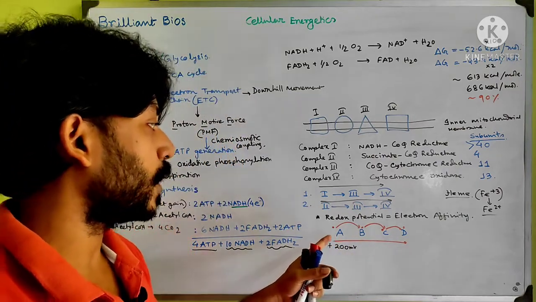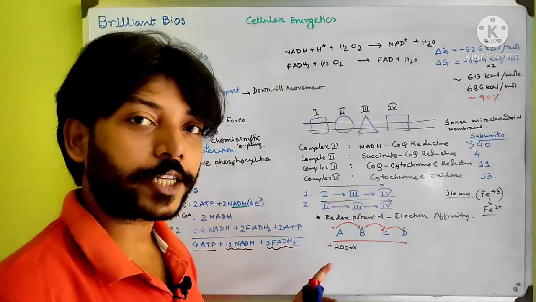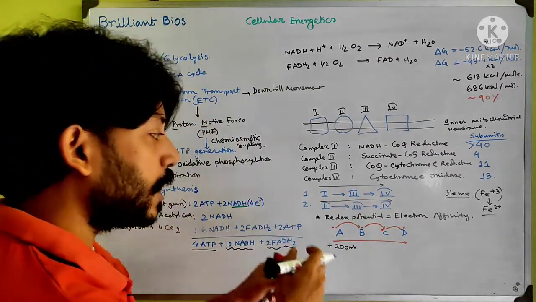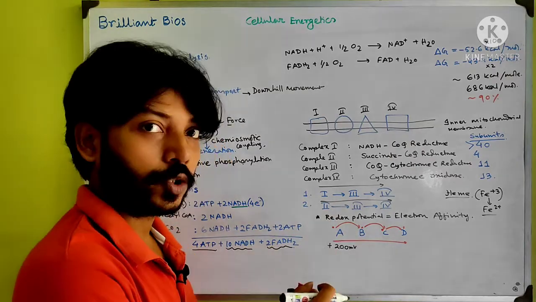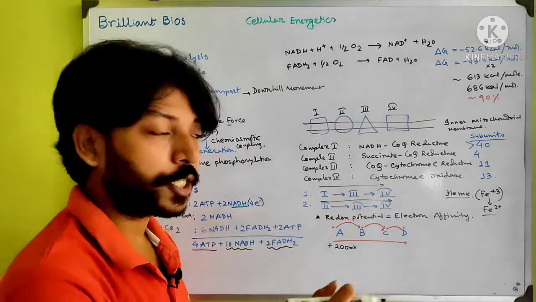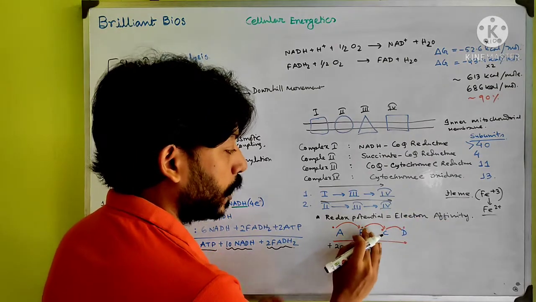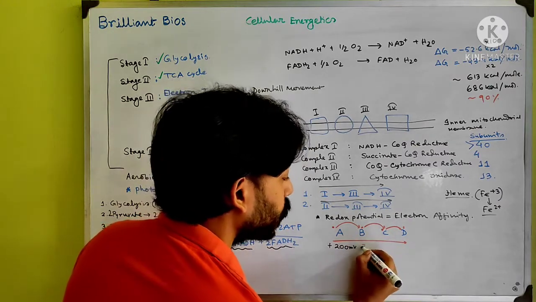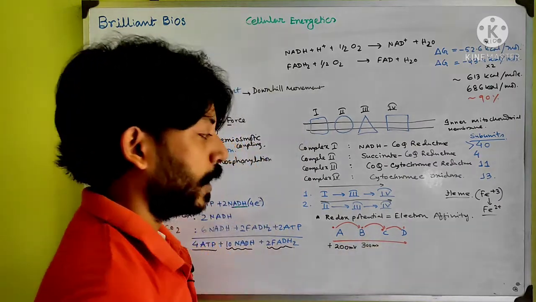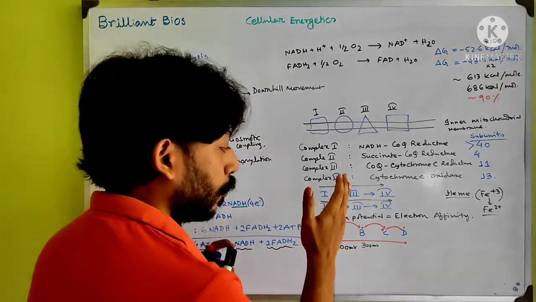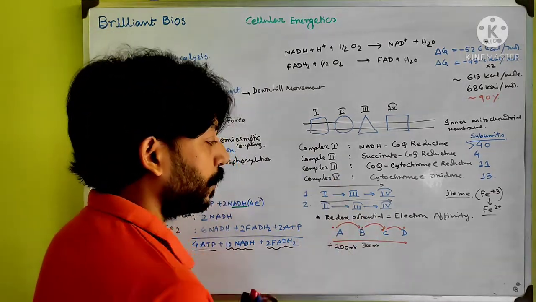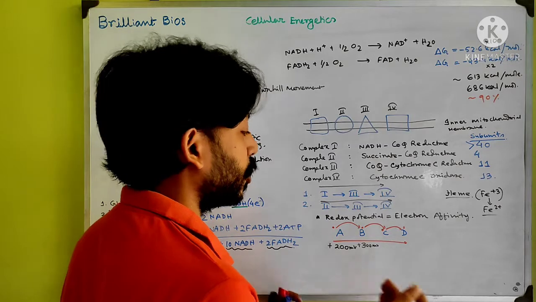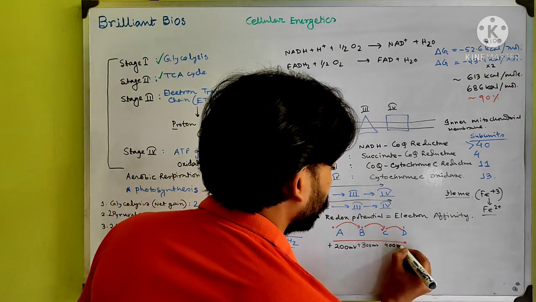Now if the electron wants to be transported from A to B, not from B to A, then the redox potential or electron affinity of molecule B should be higher than molecule A, anything greater than 200. Let's suppose 300 millivolt. And the same is true if the electron wants to move from B to C: then molecule C should have a redox potential greater than 300. Let's suppose 400 millivolt.